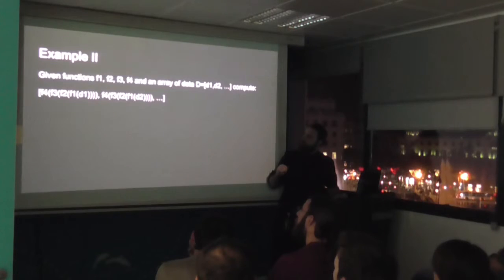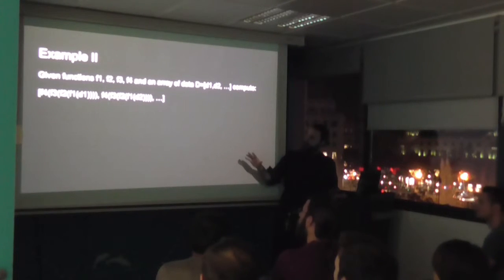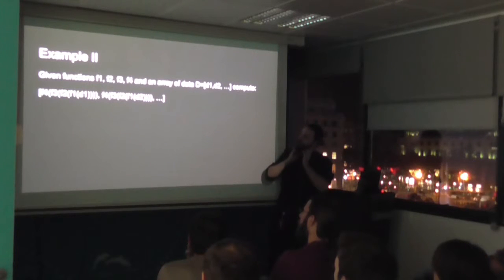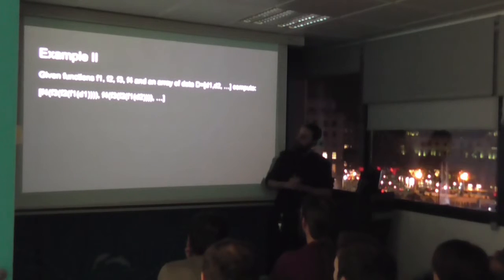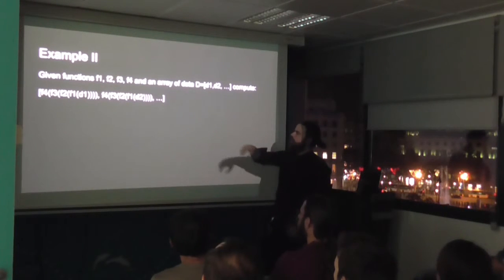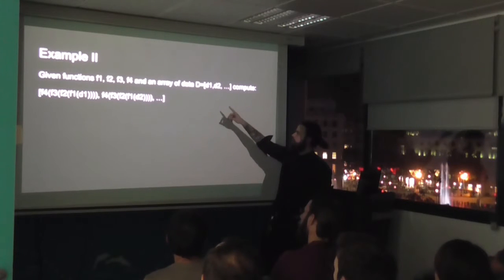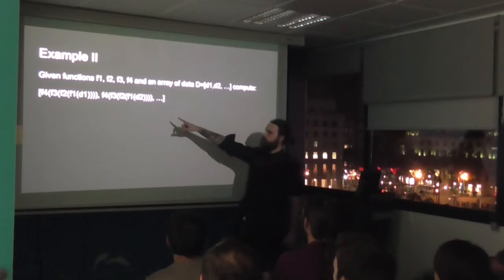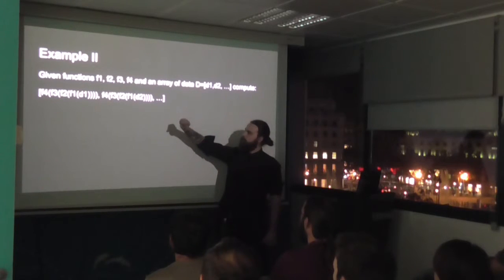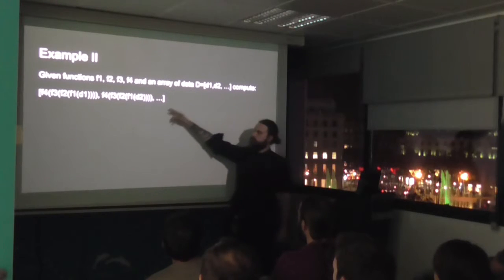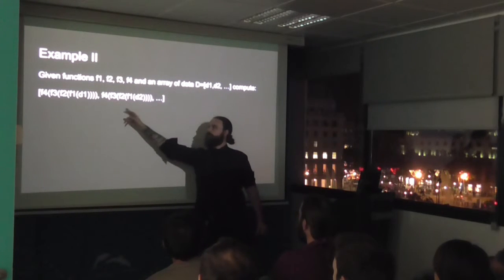And that's a hard example to explain higher order functions, and it ends with one nice function. So the statement is, given 4 functions and an array of data, D1, D2, whatever, compute this function. So apply to each element of D the composition of all 4 functions.